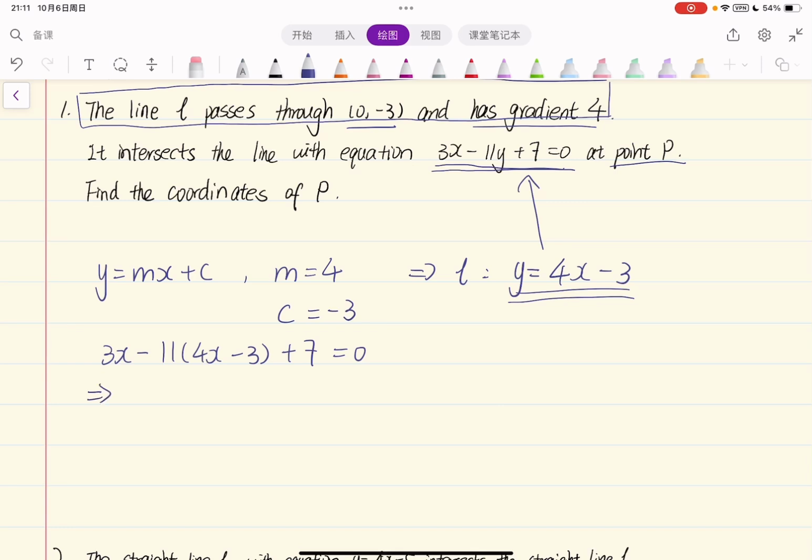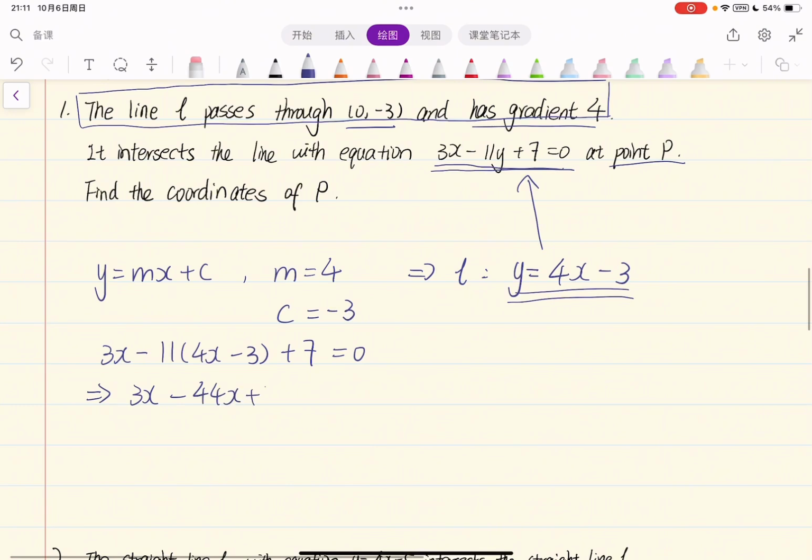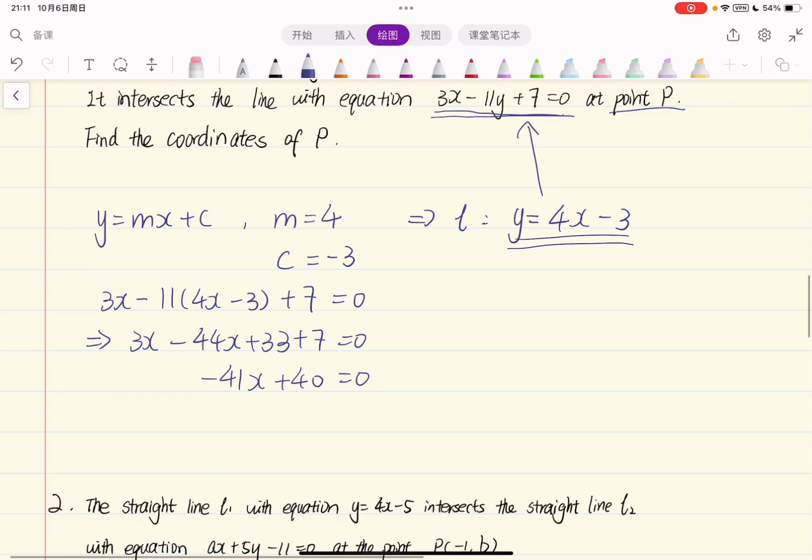Then we rearrange that. We have 3x minus 44x plus 33 plus 7 equals 0. We get -41x plus 40 equals 0. Then we have -41x equals -40. So x equals 40 over 41.